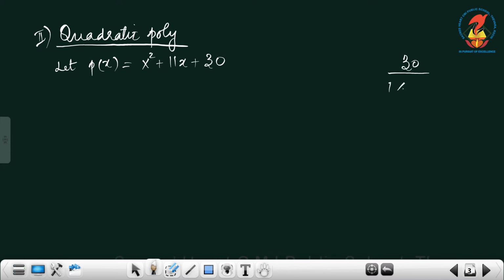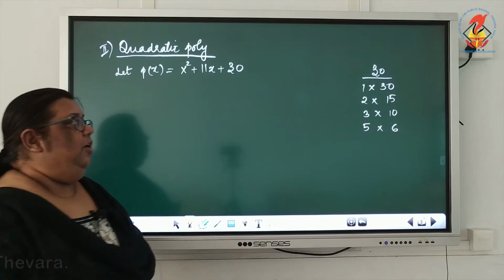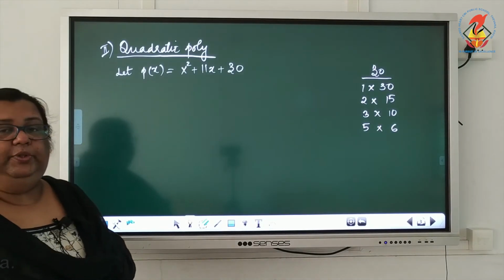Which numbers give 30? 1 into 30, then 2 into 15, 3 into 10, 5 into 6. All these numbers when multiplied give you 30.